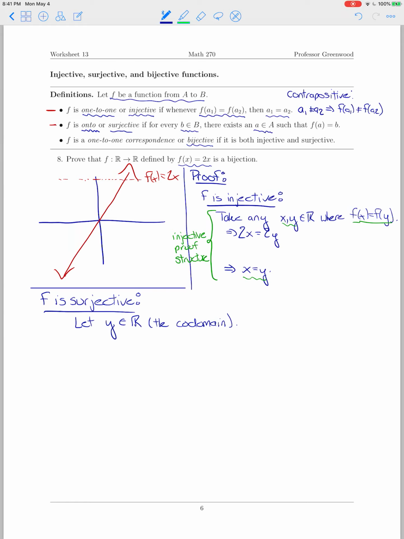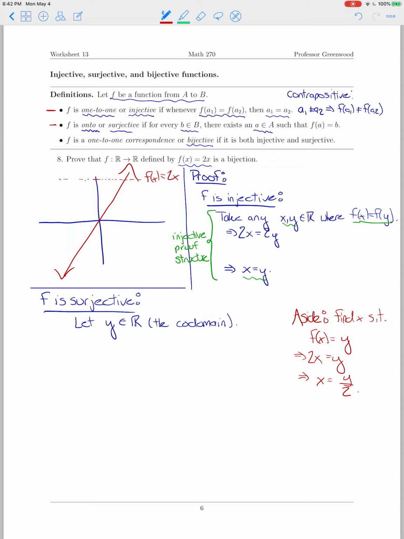In order to do that, again, like the previous problem that we talked about, we might want to do an aside here. We want to find x such that f of x is equal to y. Then I can plug in what f of x would be, and then I can solve for x in terms of y. In this case, I know that the appropriate input would be y over 2.